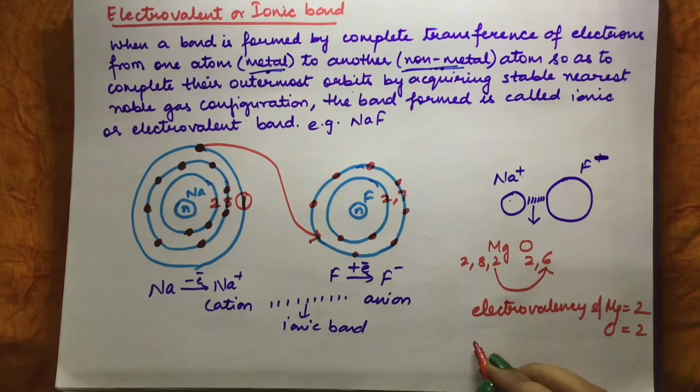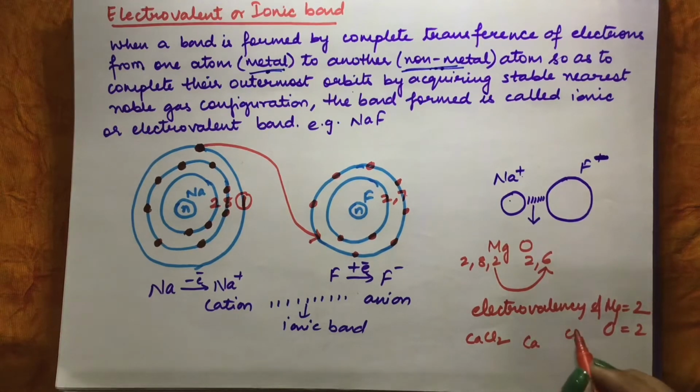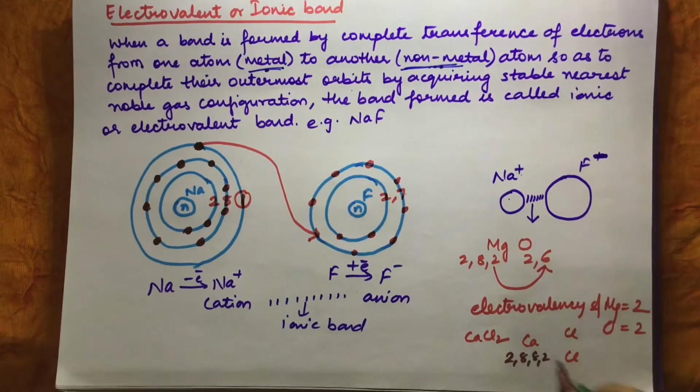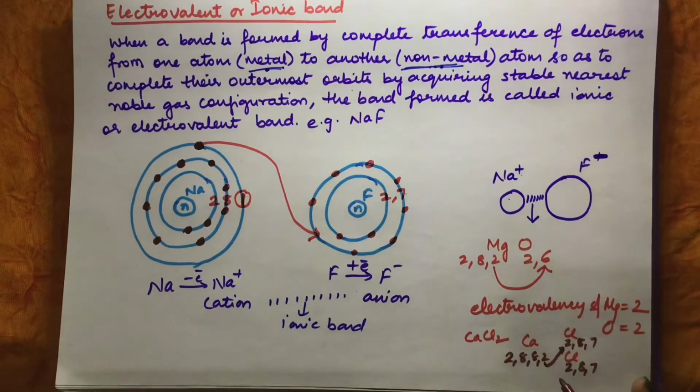Similarly, if we see another example, we have calcium chloride. In calcium chloride, there is 1 calcium and 2 chlorine. Calcium has a distribution of 2, 8, 8, 2. Chlorine has a distribution of 2, 8, 7. This chlorine will also have a distribution of 2, 8, 7. So if one electron can be transferred to this chlorine and one electron to this chlorine, then they both will acquire the noble gas configuration.